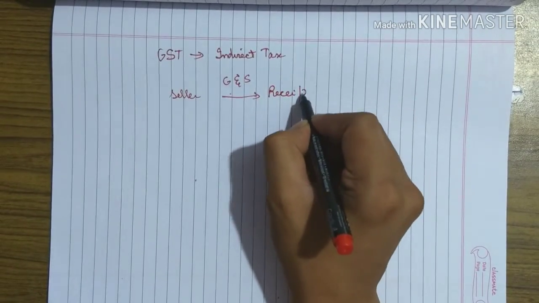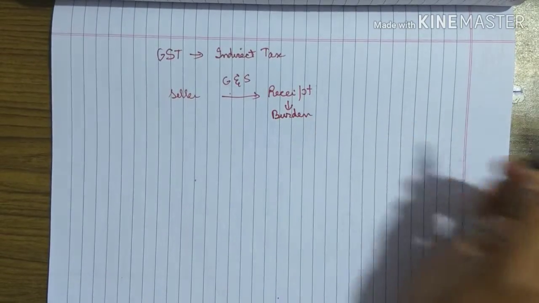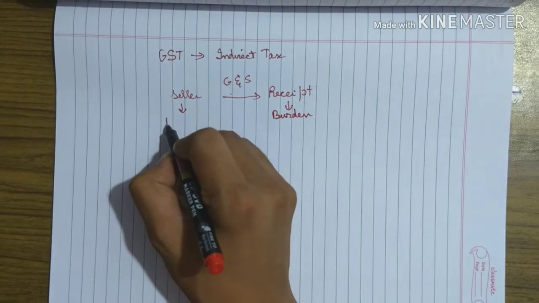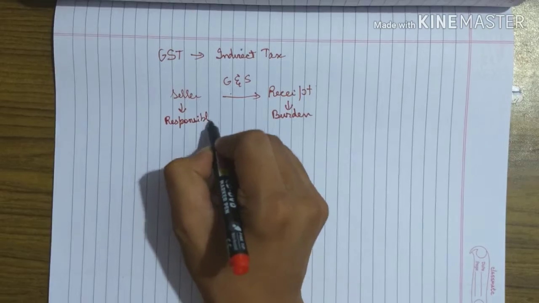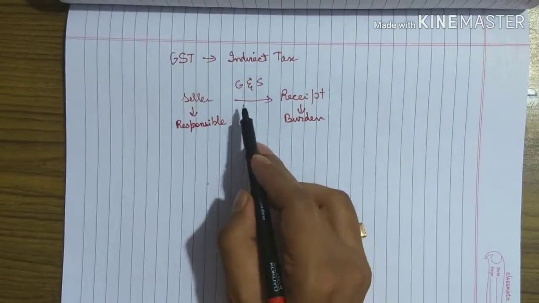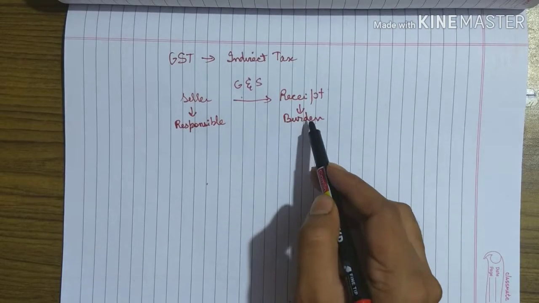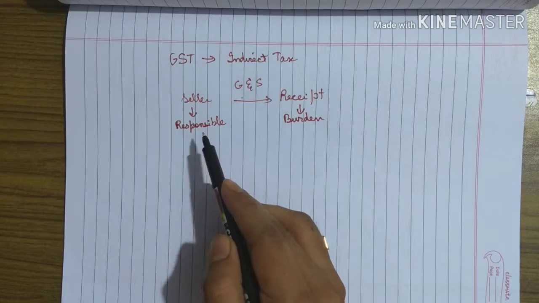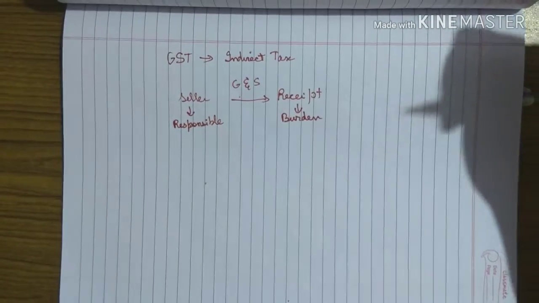You are the recipient. Here you have the burden, but this seller is responsible to pay the tax to the government. Means you are receiving goods and services from the seller, and with the payment you're including the burden, which is tax, but the seller is responsible to pay the tax to the government. So this is indirect tax.